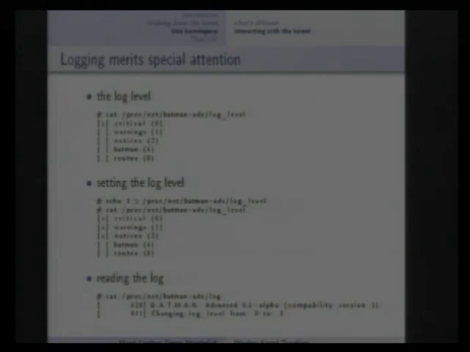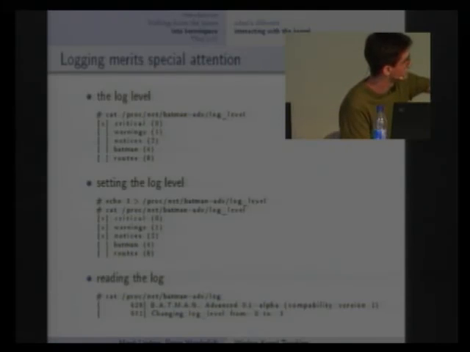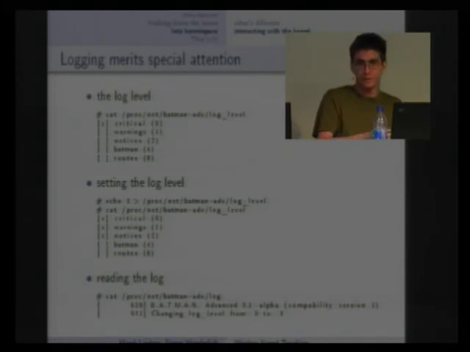You can see we have critical, we have warnings, we have notices, and you can activate them by echoing the number or by echoing the names of the logging levels. And you can just read it from the log file, and it's endless read, and the kernel module will add the logging stuff. You see the module was loaded, and then later we changed the log level, and you will find routing information or whatever information you could have been interested in.